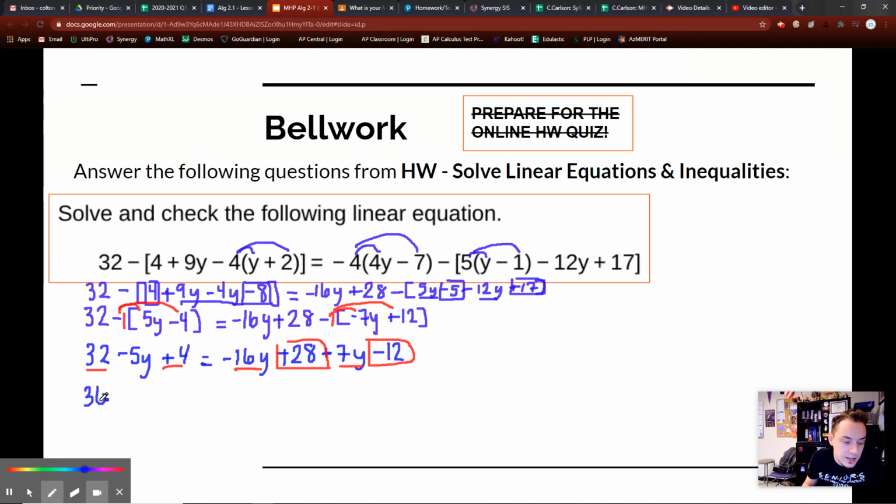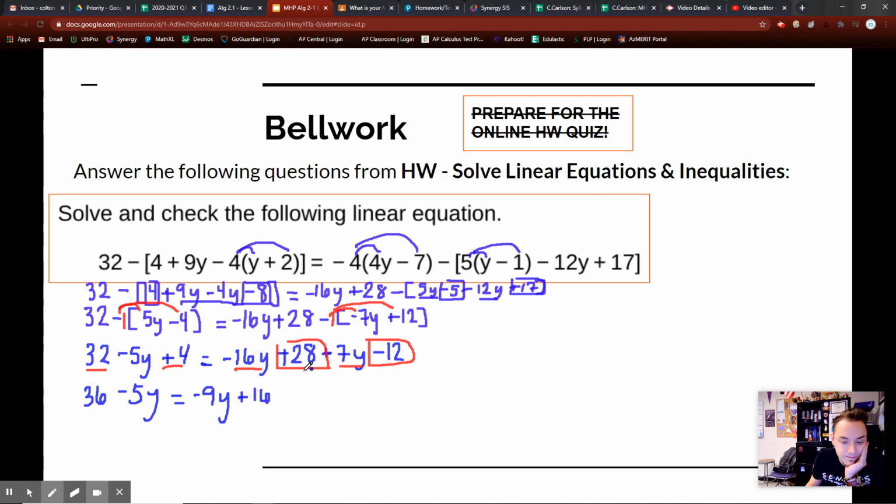Awful. 36. 32 plus 4 is 36 minus 5y. This will equal. And then I have the 7y and then negative 17. So this is actually negative 9y. And then this right here, 28 minus 12, that's going to be plus, not 20. Wow, I'm awful with my adding today. 16.